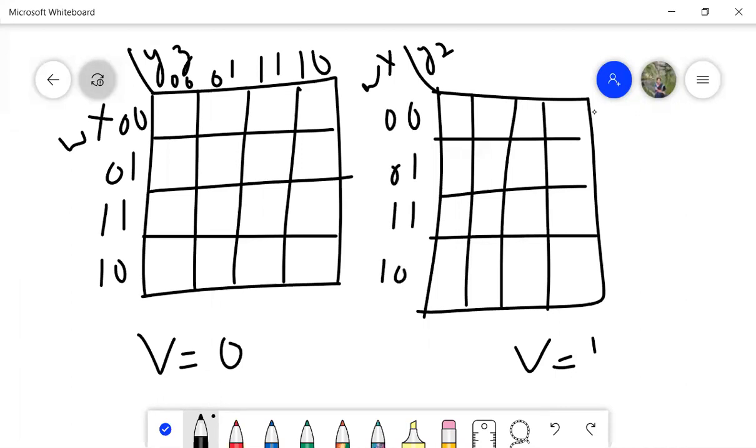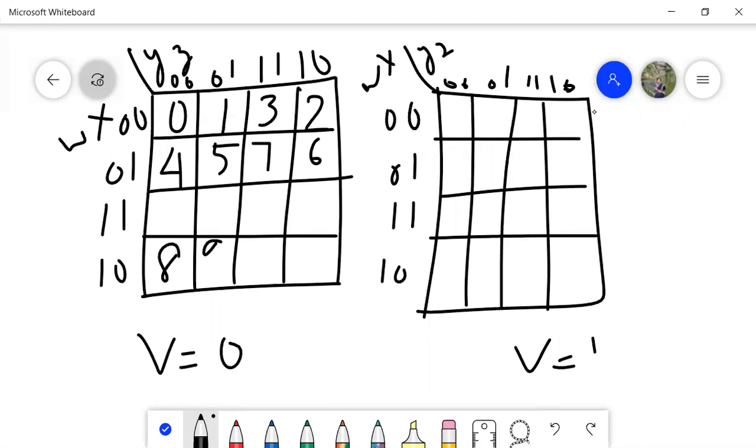Now if I write what are the variables in this K-map, this represents minterm 0, minterm 1, minterm 2, minterm 3, 4, 5, 6 and 7, 8, 9, 10 and 11, 12, 13, 14 and 15.